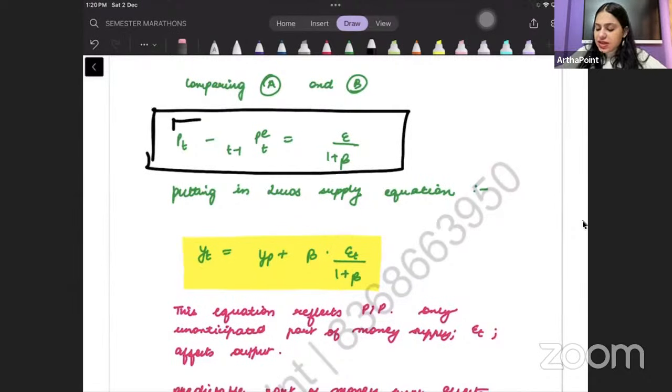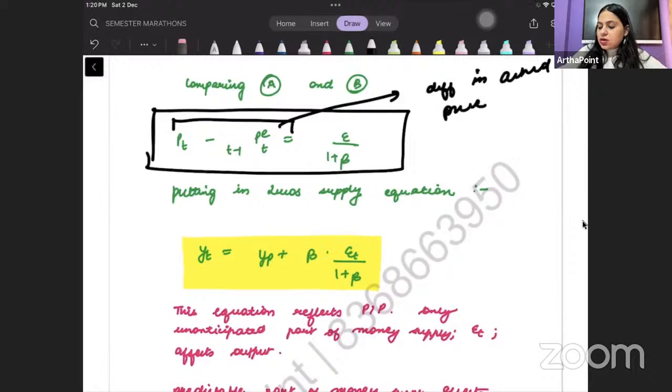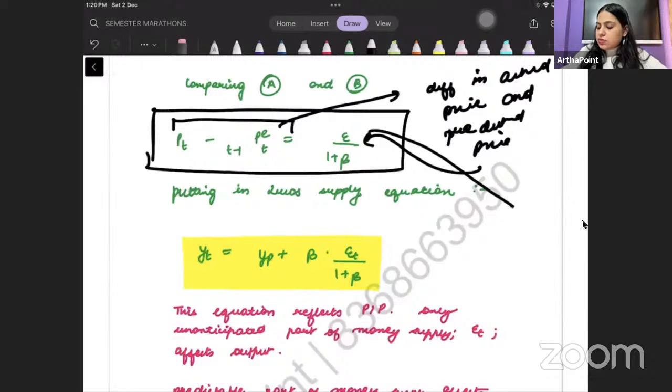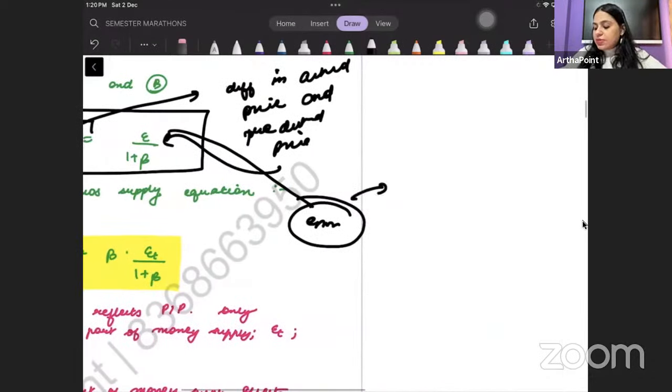And this tells me that the difference in actual price and predicted price is due to the error. और हम rational expectation में error कब करते हैं? We make an error whenever we have something unanticipated.